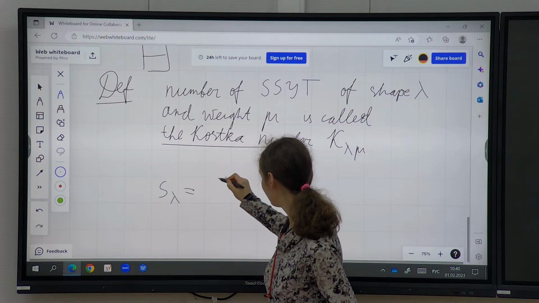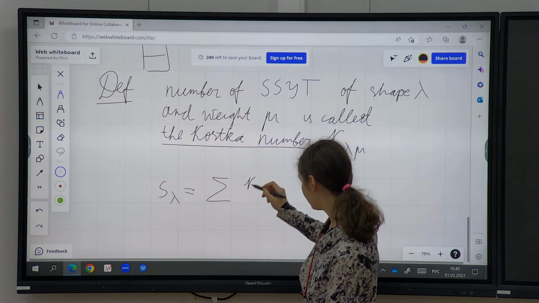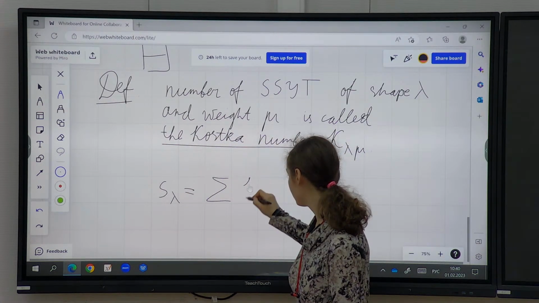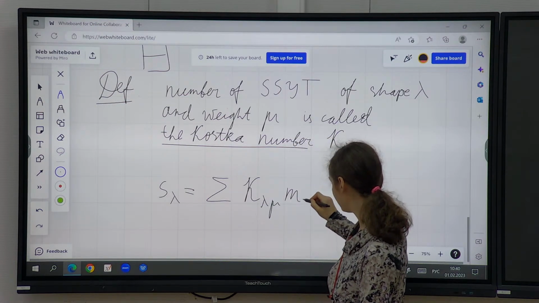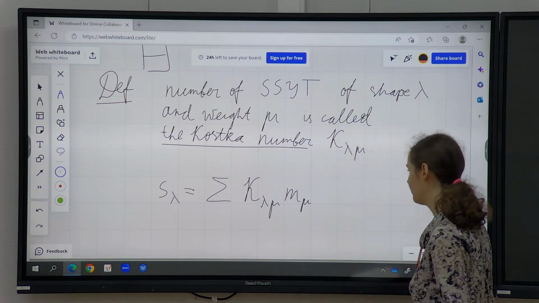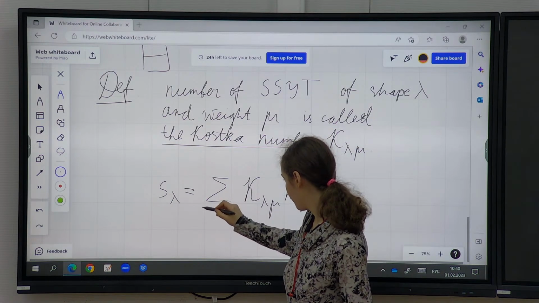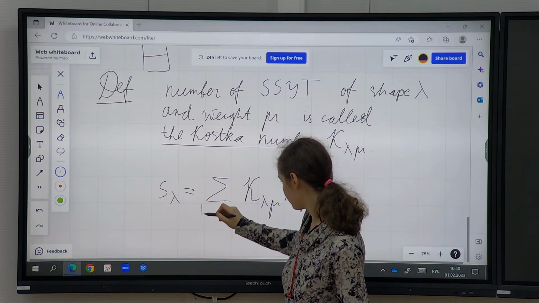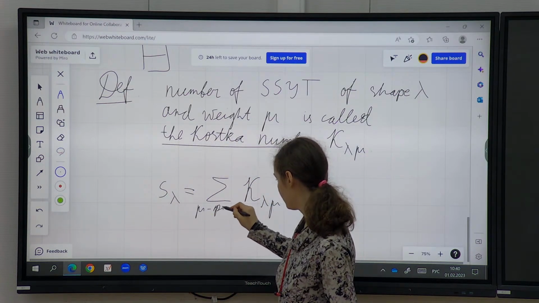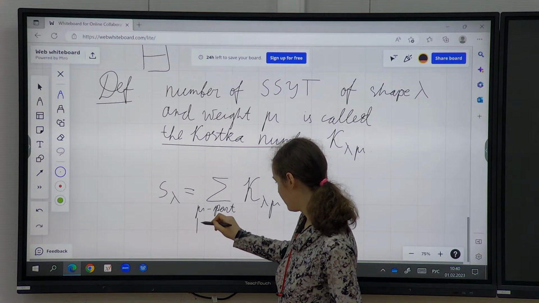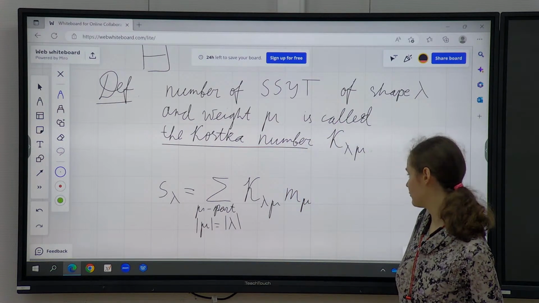Schur polynomial is equal to the sum of monomial symmetric functions m mu with coefficients k lambda mu, where mu is a partition and they have the same amount of boxes.